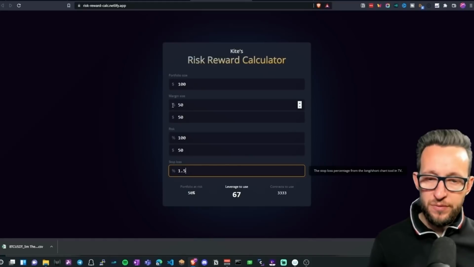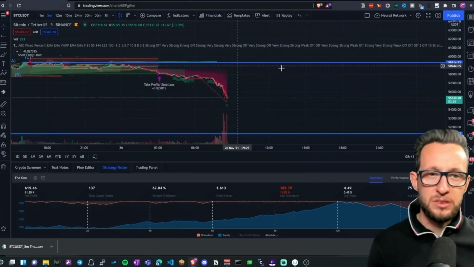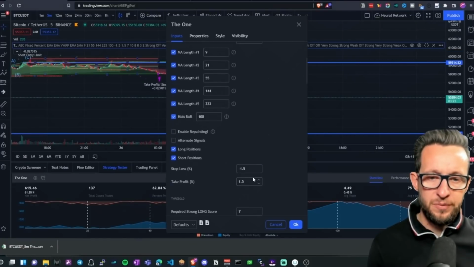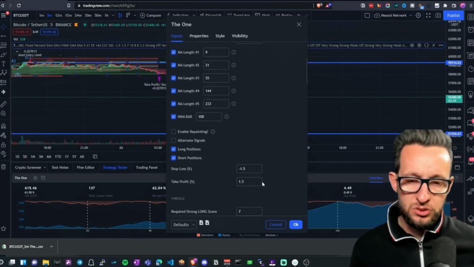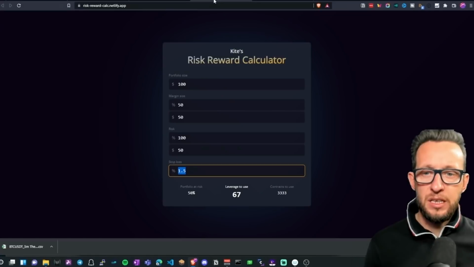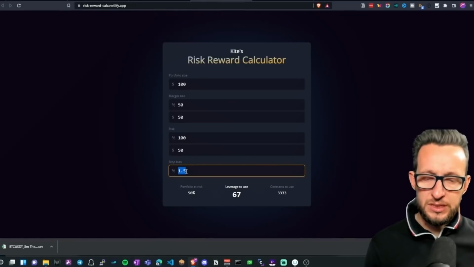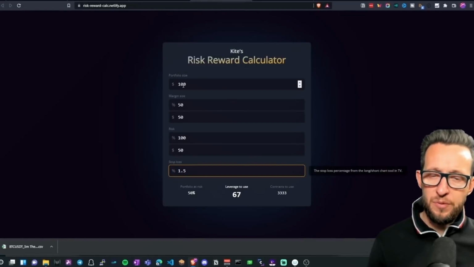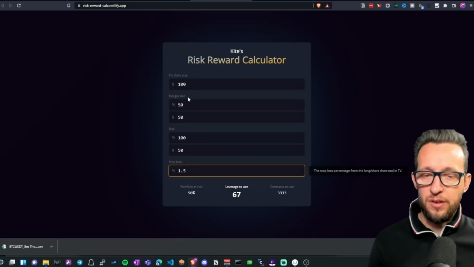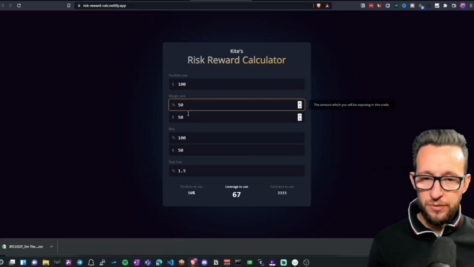So we have a 1.5 stop loss here. If I go into the stop loss, I believe that was what it was. 1.5 take profit, 1.5 stop loss. That's in percentage, obviously. So now if we go over to here and we say our stop loss is at 1.5, we have a portfolio of $100, where the margin that we're going to put in for our first trades will be 50% of that.